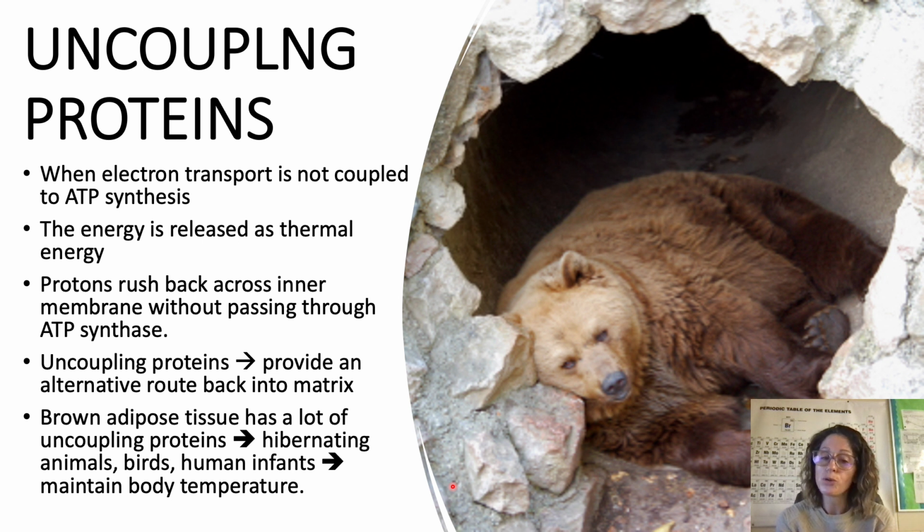They provide an alternate route for the hydrogen ions to pass into the matrix. This allows a lot of heat to be released instead of actually just producing something. So brown adipose tissue, so this is fat tissue, has a lot of uncoupling proteins. Hibernating animals, like this bear here, birds, and human infants have this, and this allows them to maintain their body temperature. So that's the electron transport chain overview.